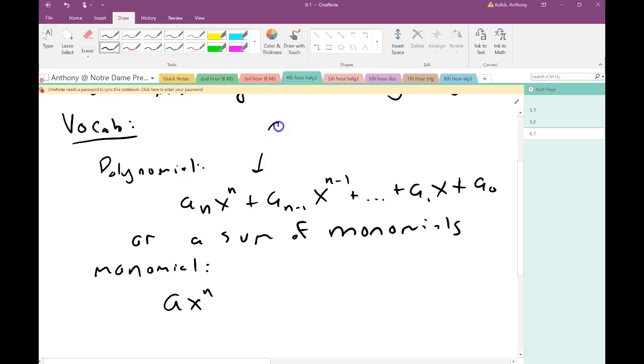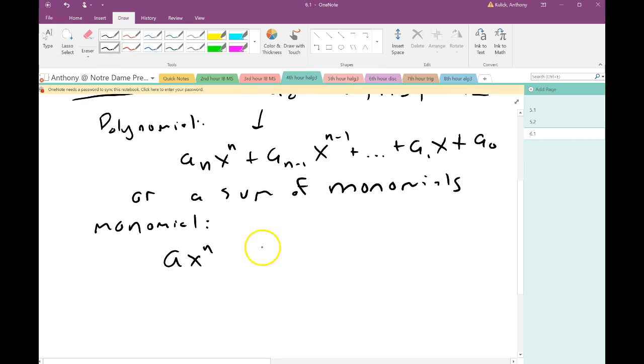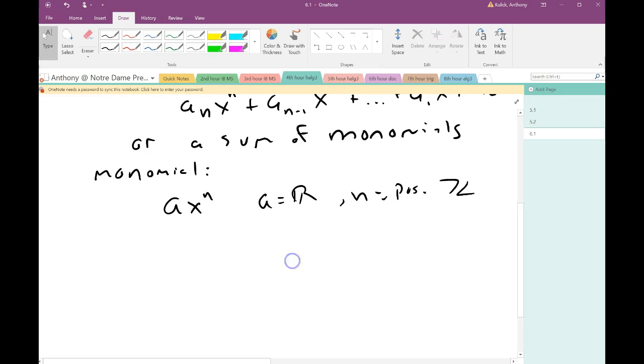For a polynomial, these a's are real numbers, and these n's are positive integers. The same thing holds for these monomials. So you can think of a polynomial as the sum of a bunch of monomials.